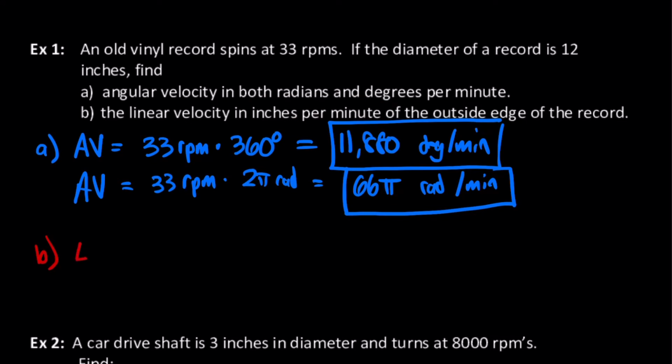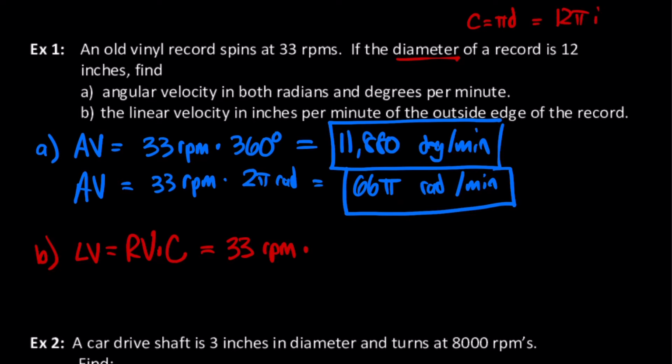Remember, linear velocity is rotational velocity times circumference. My rotational velocity is 33 RPM times circumference. Quick review, C equals pi d. Diameter is 12, so that's going to be 12 pi inches. So 33 RPM times 12 pi inches.